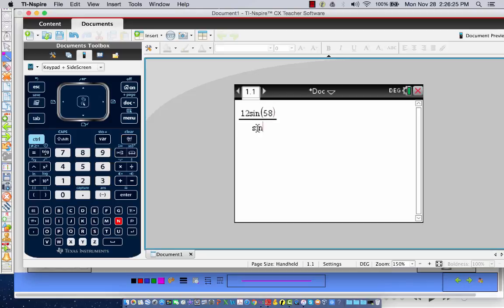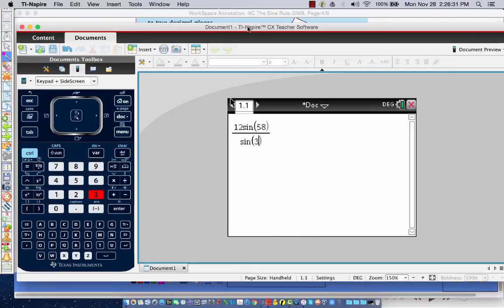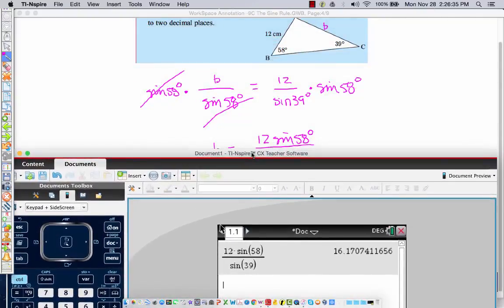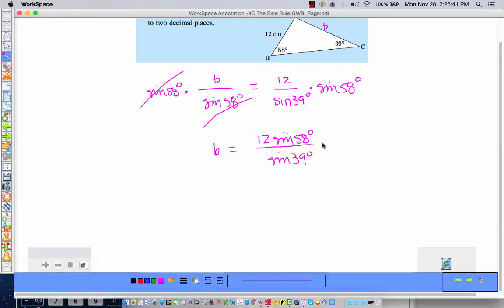Over the sine of, I forget the angle already, it is 39. Bam, and I get 16.17. So I can say that it's approximately equal to 16.2. And that's centimeters. Okay, easy peasy.